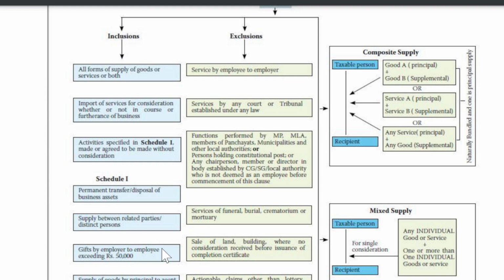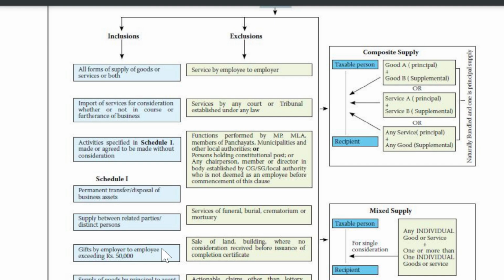If there is any service between the two, for example, if Y Limited has sent its employee to look into the management of X Limited, and Y Limited is paying the salary of that employee and again charging the same to X Limited, then it will be an import of service, and here X Limited is required to pay GST under the reverse charge mechanism. We will understand the reverse charge mechanism going forward.